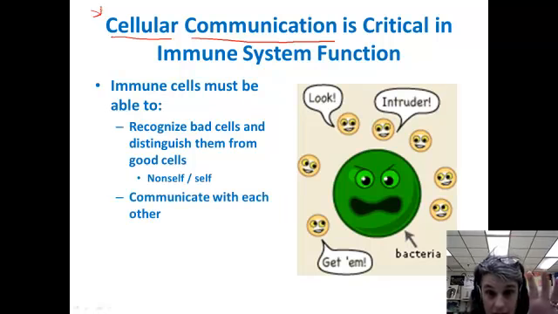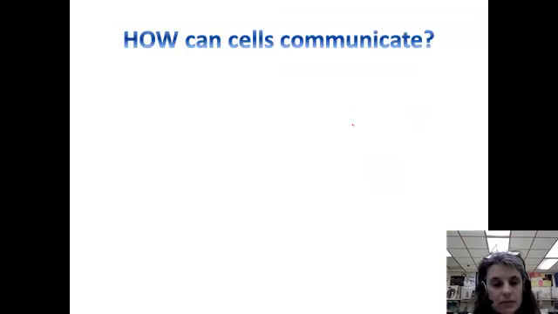So we have to be able to recognize different cells, and then these immune cells have to communicate with each other to determine what they need to do if they see an invader. They have to coordinate activities and attack that invader, and so they have to be able to communicate with each other.